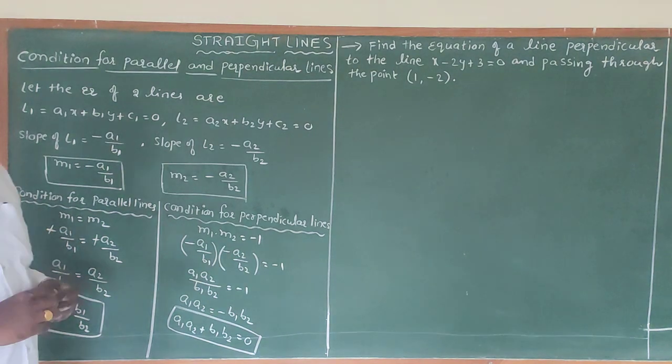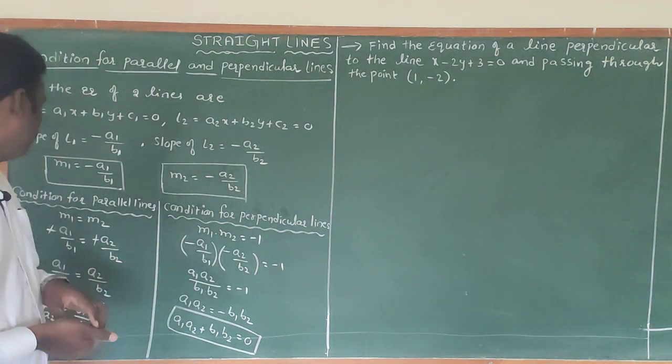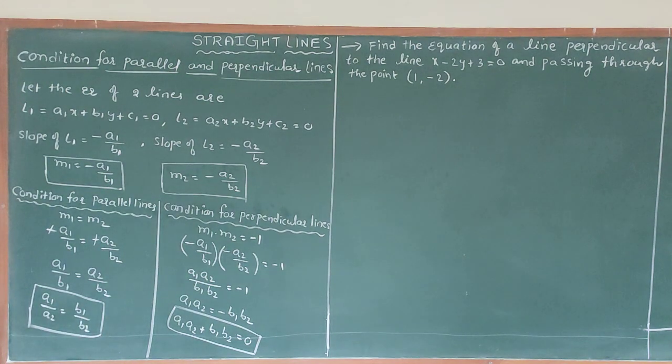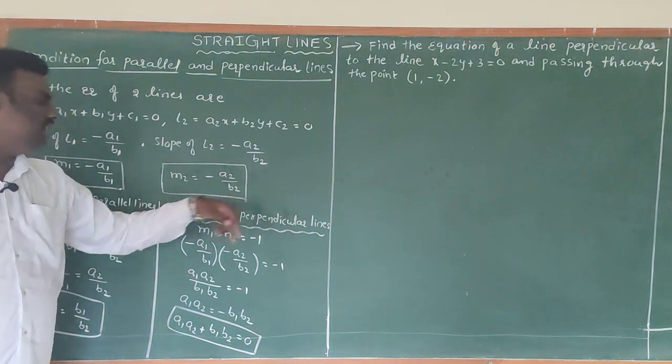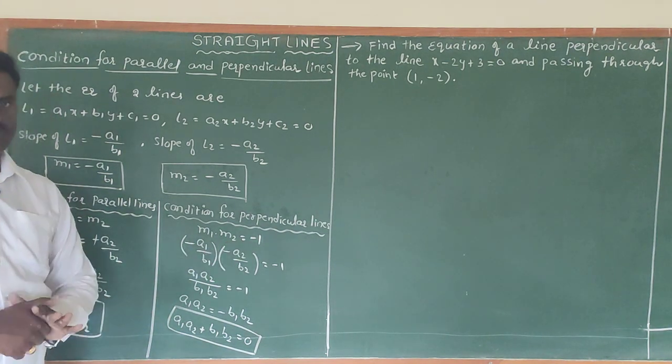Already we know the condition for parallel lines, that is m1 is equal to m2. One more condition for parallel lines, a1 by a2 is equal to b1 by b2. When we are using this condition, if you know the slopes, we can use the condition m1 is equal to m2. If you know the lines, we can use the condition a1 by a2 is equal to b1 by b2. Similarly, what is the condition for perpendicular lines? m1 into m2 is equal to minus 1.